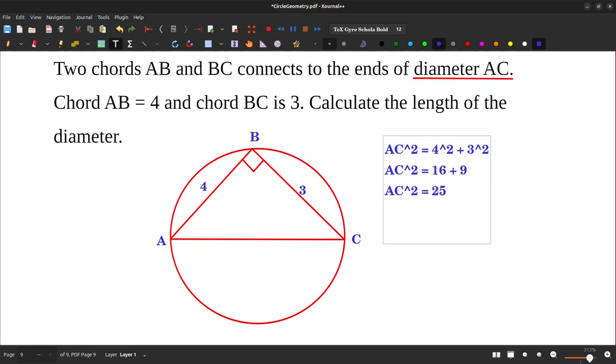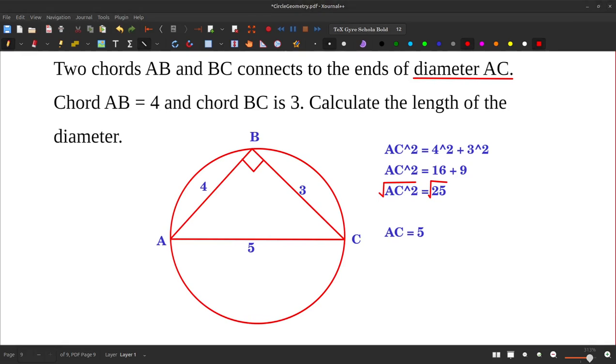Then taking the square root on both sides, you are going to get that your AC is actually equals to 5 units. So the diameter is actually 5 units. We just took the square root to that side.